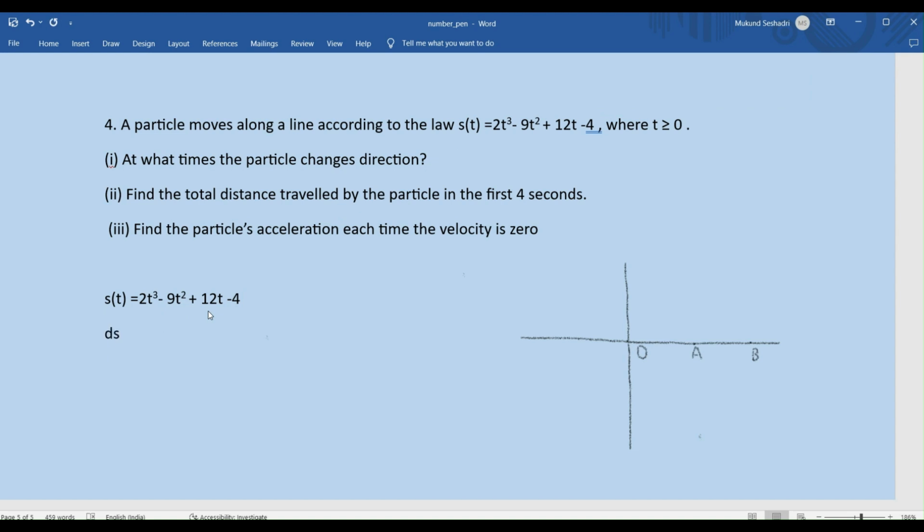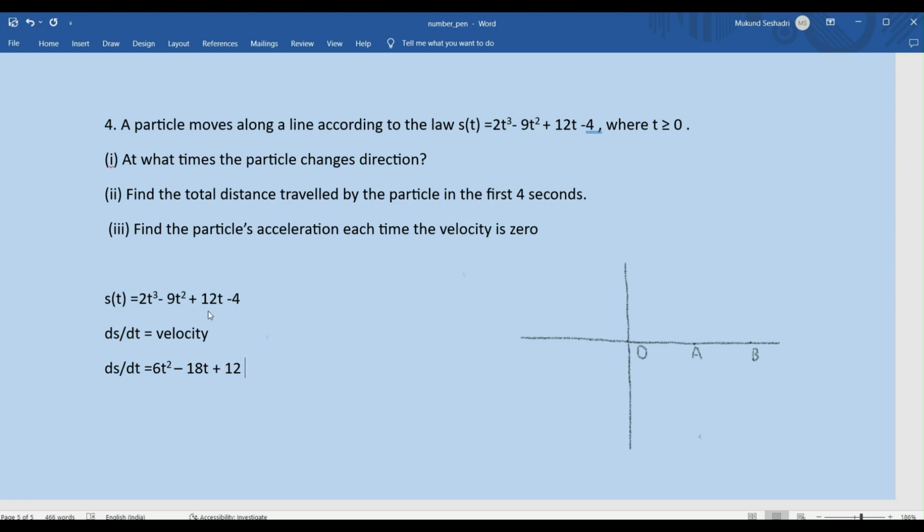So ds by dt is your velocity, and ds by dt is nothing but, writing the differential of this equation, 6t squared minus 18t plus 12.